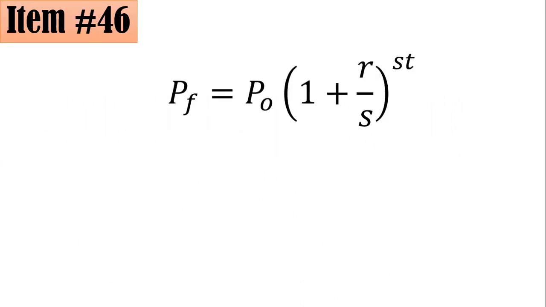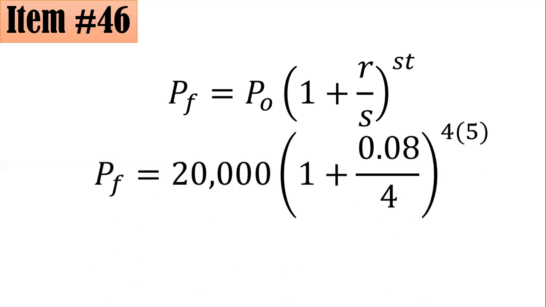To do this problem, this is in fact the formula for compound interest. That is, P sub F, or final amount, is equal to P sub O, or the principal amount you invested, times 1 plus R over S, and this is raised to ST, where R is the rate and S is, if it's quarterly, then 4, if it's monthly, 12, and so on, and T is the time in years.